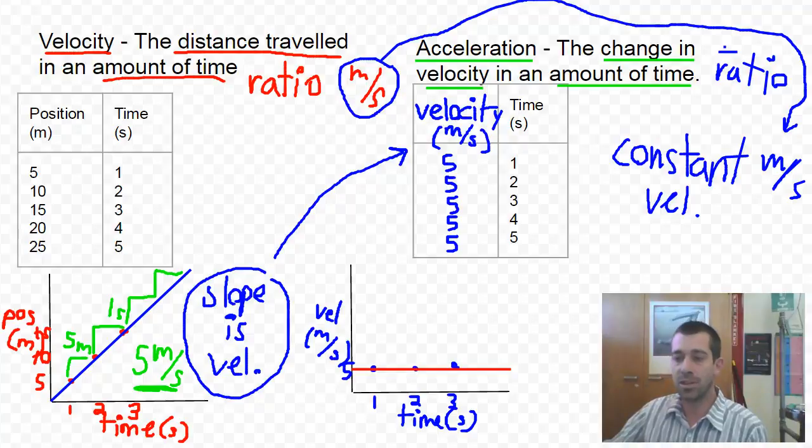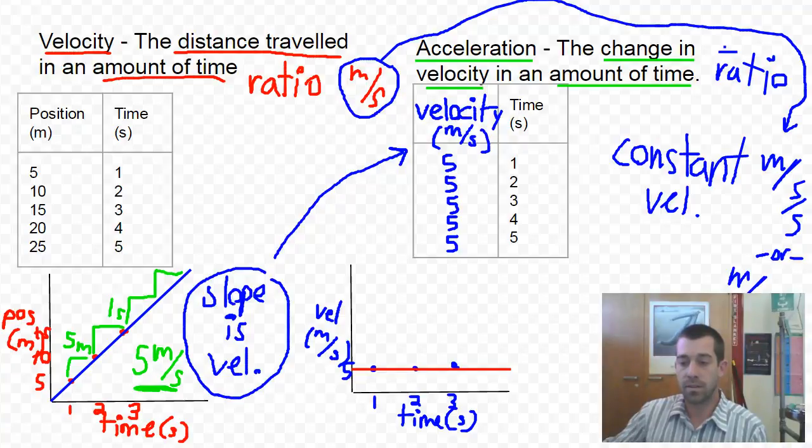So it has to be a unit of meters per second, because acceleration is change in velocity, which is measured in meters per second, divided by the amount of time it takes. So it's meters per second per second. We also write that as meters per second squared. Okay, so that can also be the unit of acceleration.